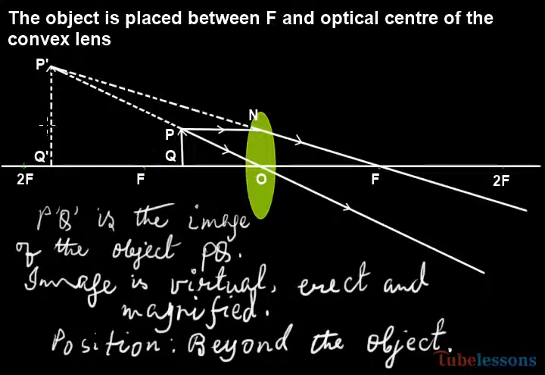You see that it is much greater than the object PQ in length, so it is magnified, and the position of the image is beyond the object. So a magnified, virtual and erect image is formed from a convex lens when the object is placed between optical center and focus of the lens.